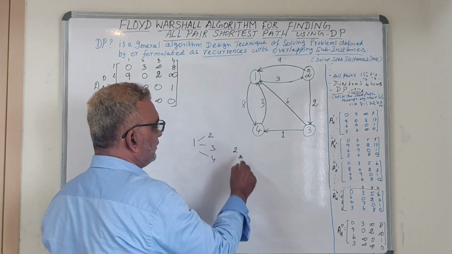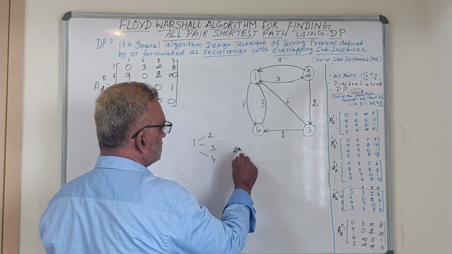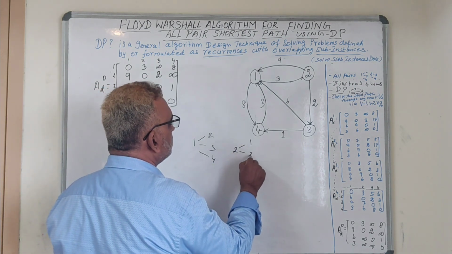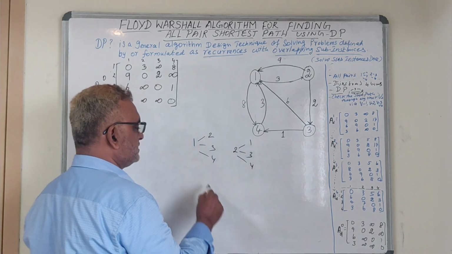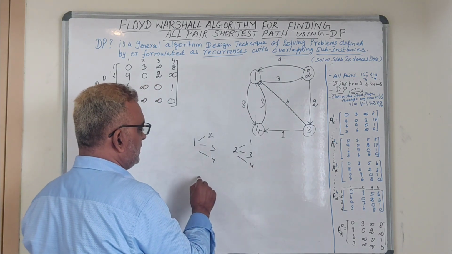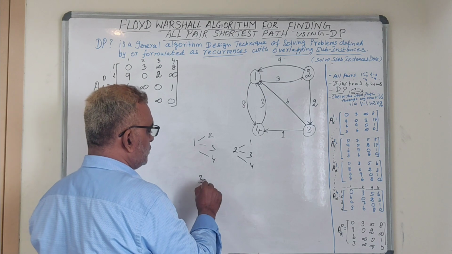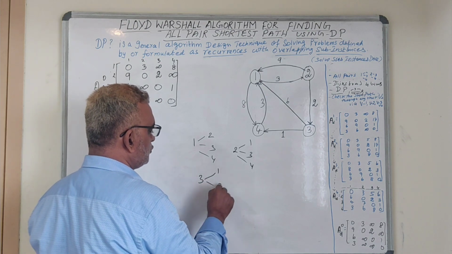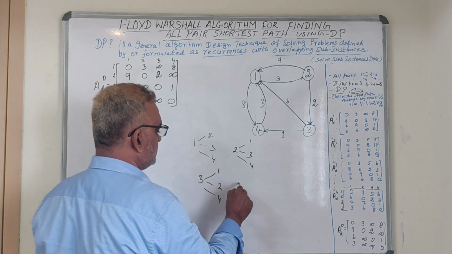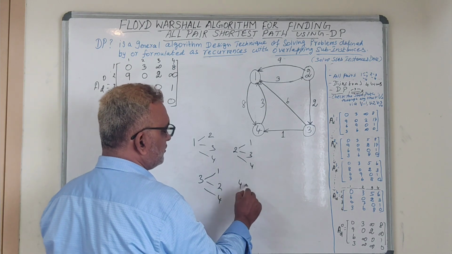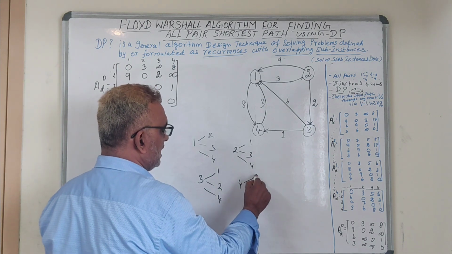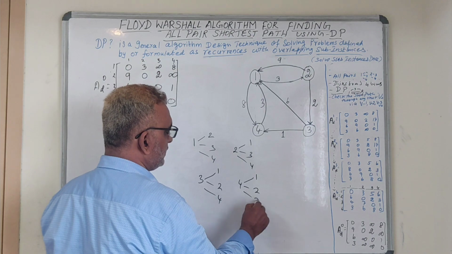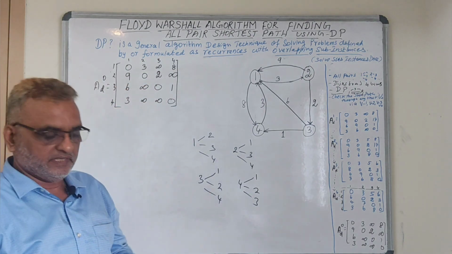Similarly, if you consider 2 as the source, you will get 1, 3 and 4 as the destinations. Similarly, 3 as the source, we have 1, 2, 4 as the destinations. If you consider 4 as the source, you will have 1, 2, 3 as destinations.